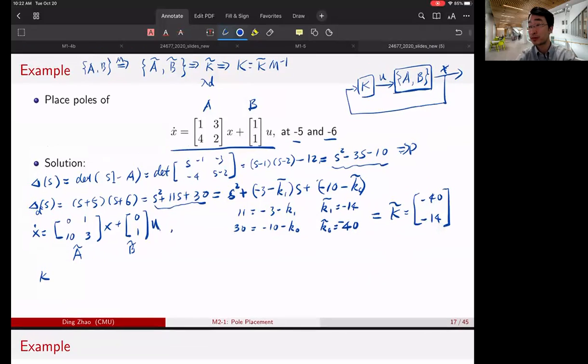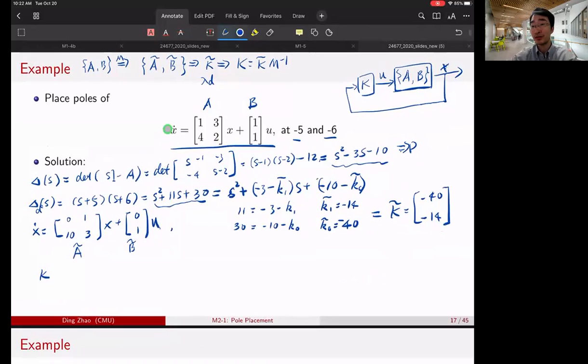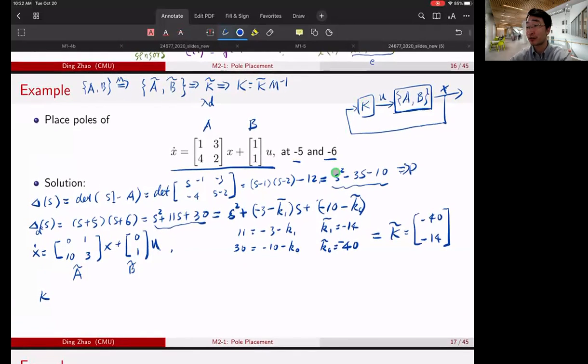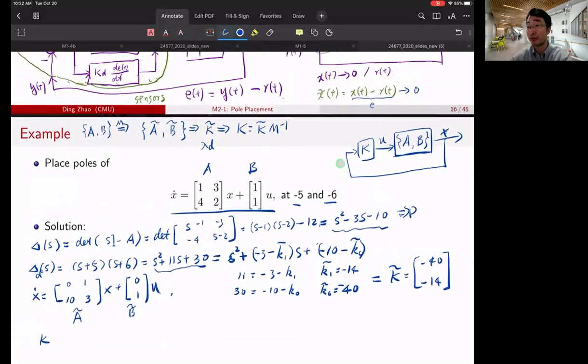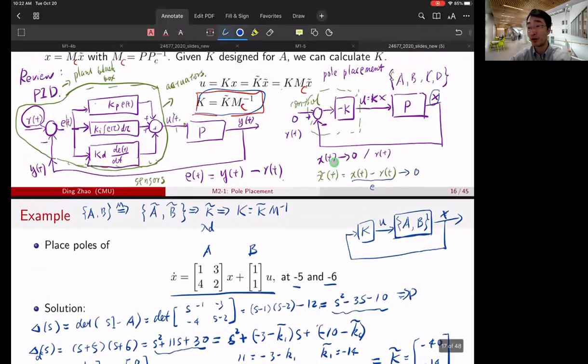So basically this is a way. Let me repeat. You have this original system, and you calculate the characteristic polynomial, and with this characteristic polynomial you have this feedback, because the characteristic polynomial has a very unique form. So this form.